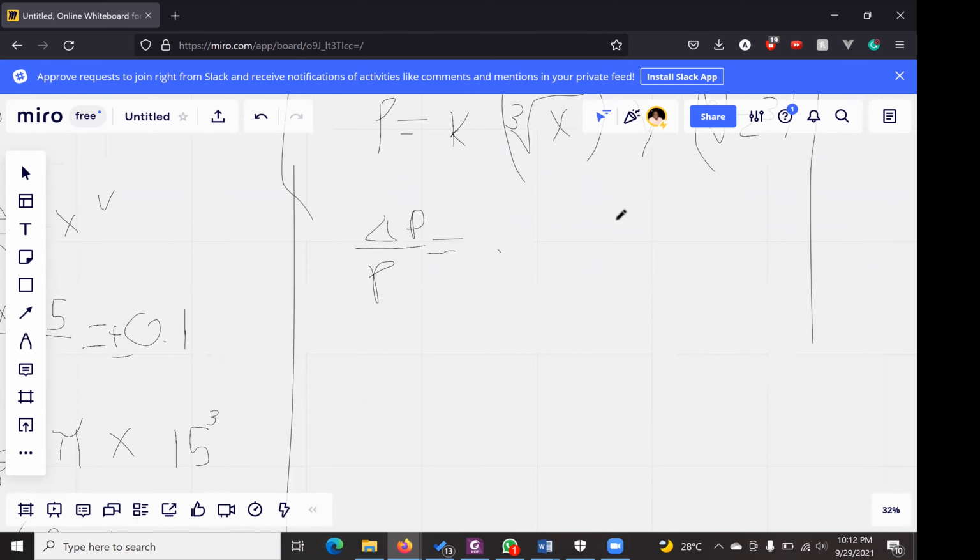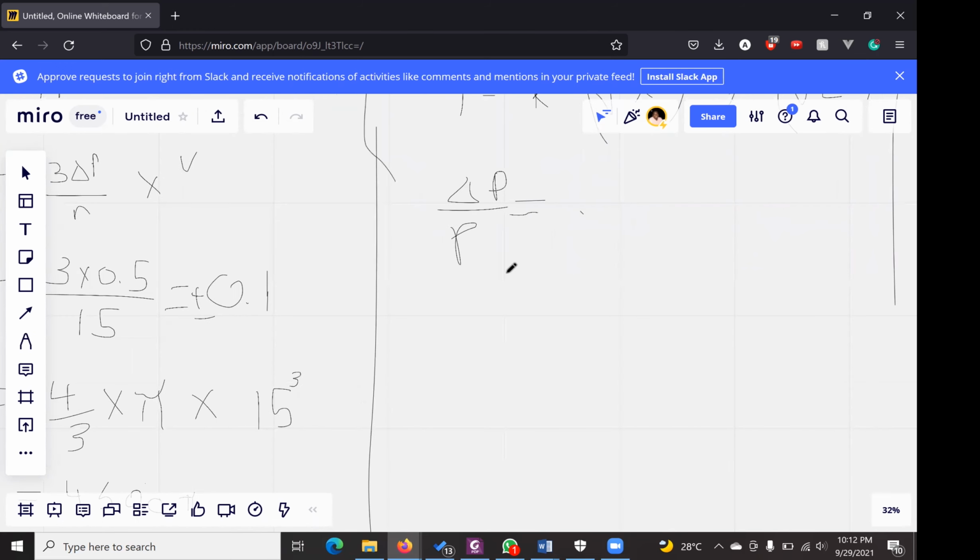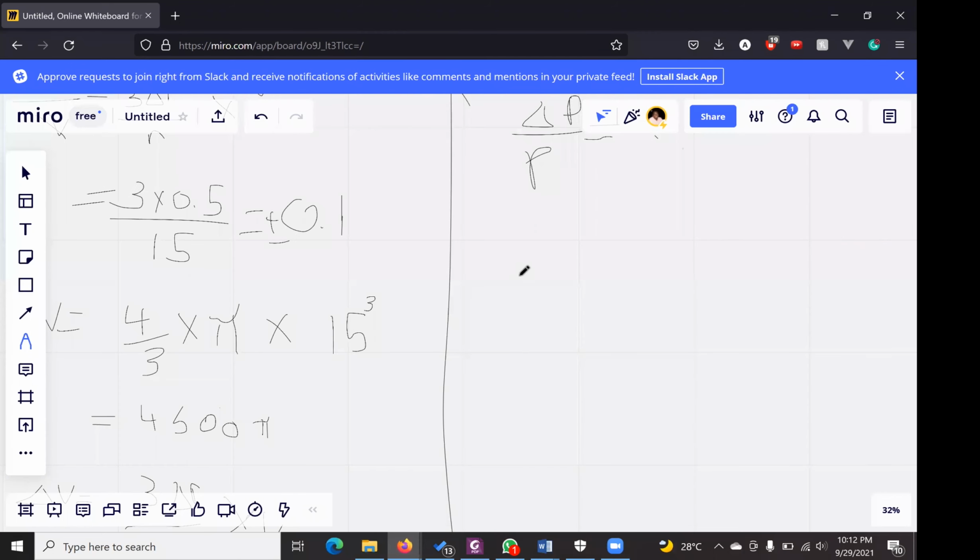I'm not even going to assume that everybody gets what's going on. So we have X to the 1/3. Using what we did from the volume and from the area, what is delta x over x?